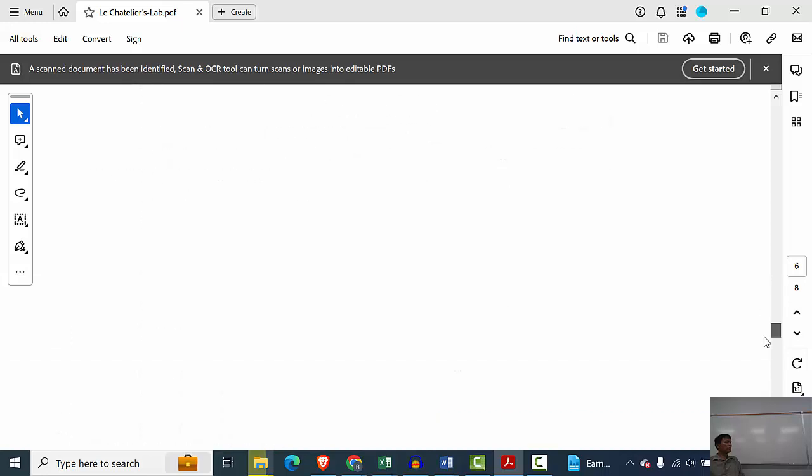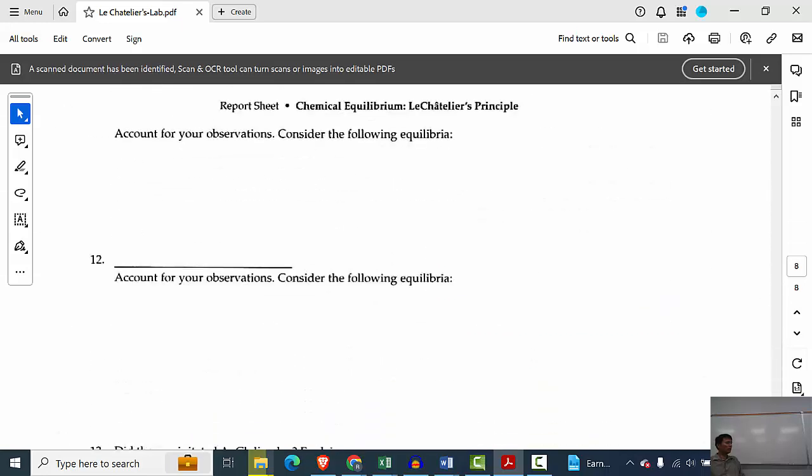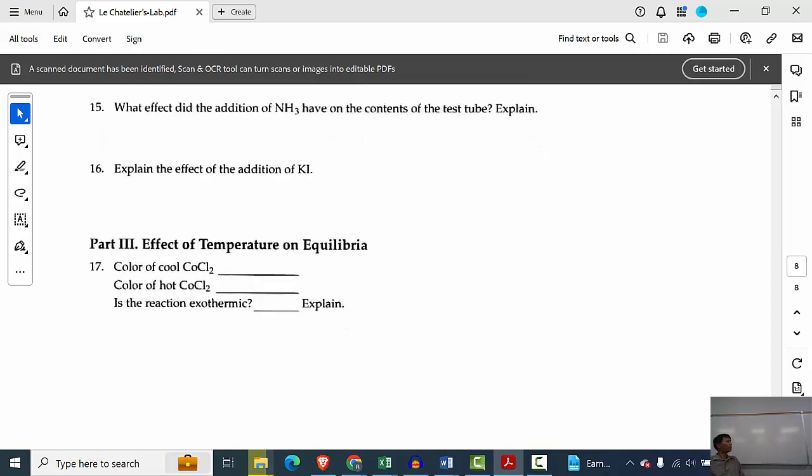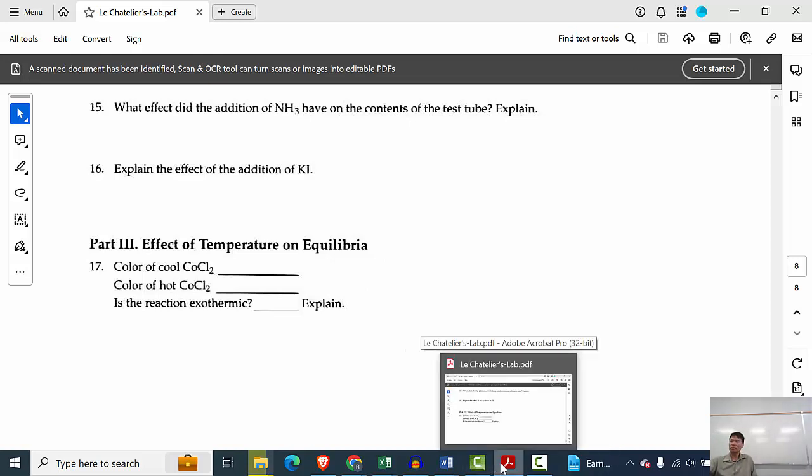Temperature actually changes the value of K in the equilibrium. So we've got to look at which one's favored in terms of equilibrium. Was it the same equilibrium that we were looking at before? Did you get the same colors as before when you were adding the HCl?